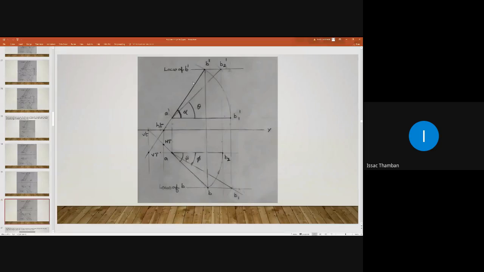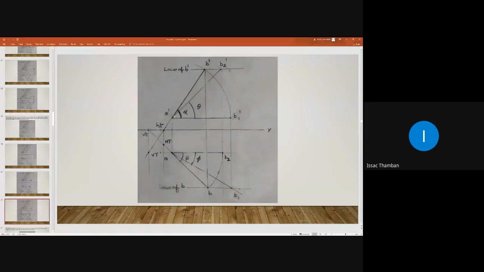Extend the actual elevation line A dash B dash to intersect the XY line. And you can mark that intersection as point small h. In my drawing, it is marked as small h. Otherwise, it may be confused as the horizontal trace. So better mark that point as small h.